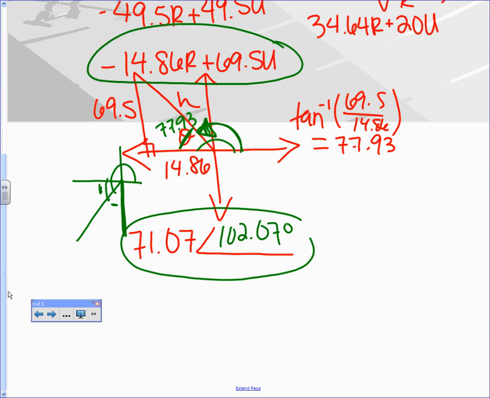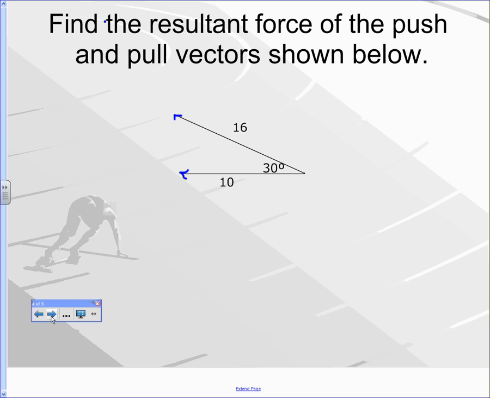Any questions? All right. So, did they give you the vectors? No. So, what do we got to do? Where is our origin? Okay. So, see if you can draw two separate vectors. Two lines.